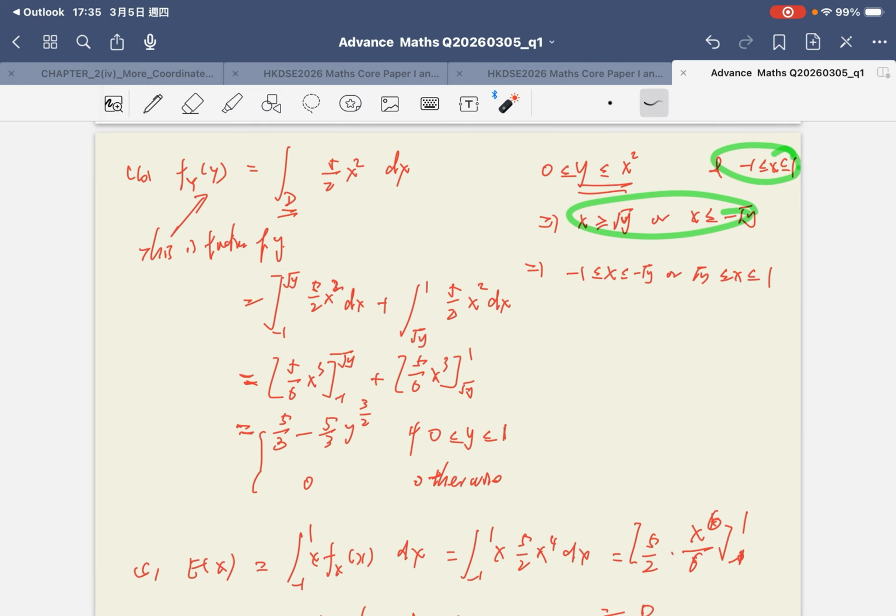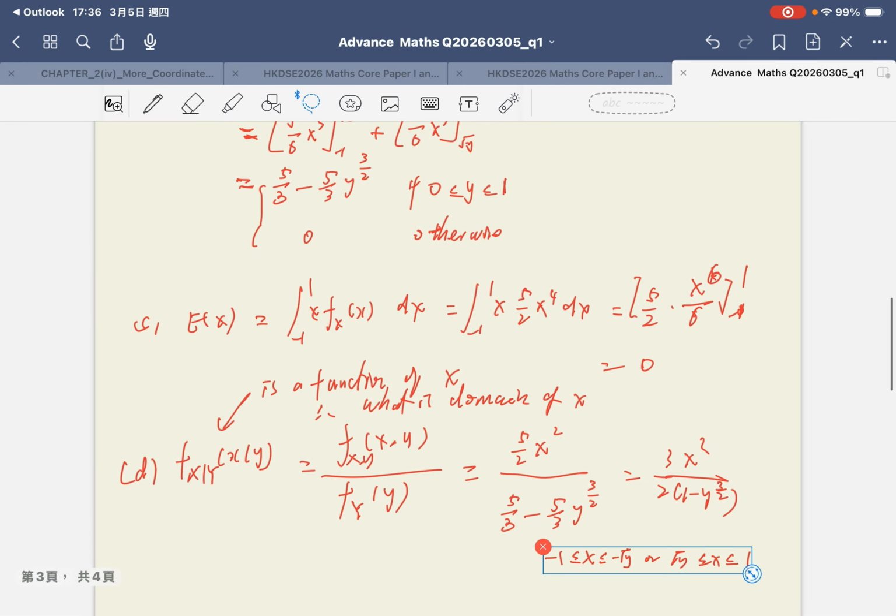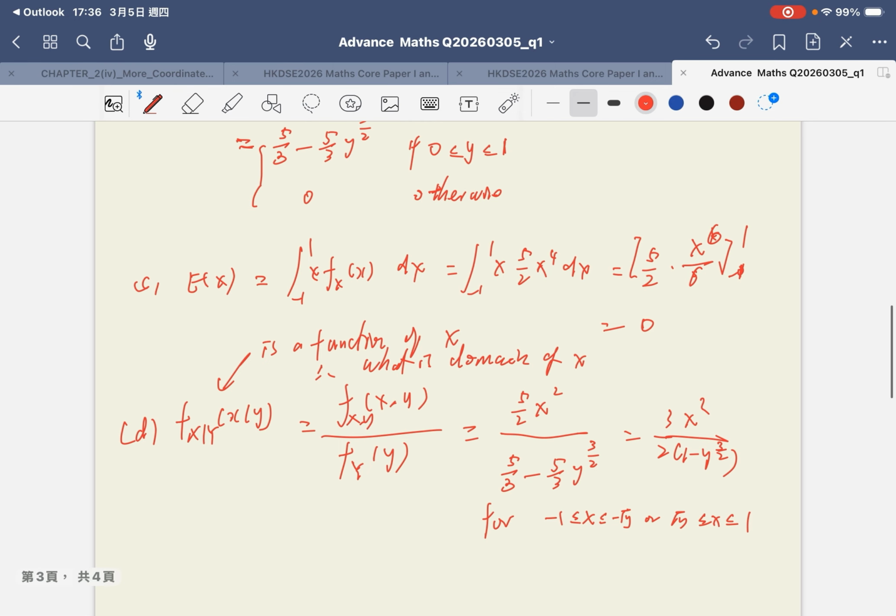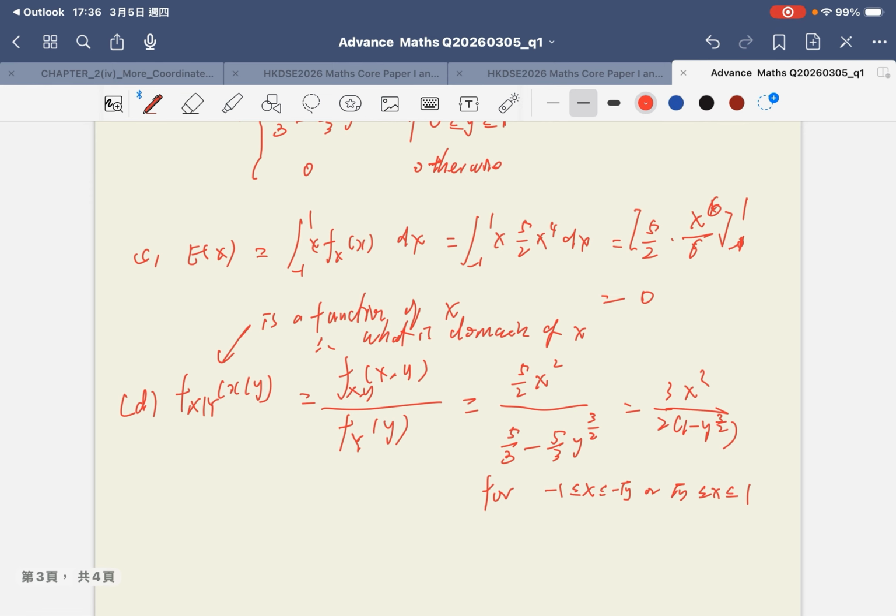Because for integration of that function, we have changed the domain of x here. Therefore, it is very, very important here. Otherwise, the solution is not true.